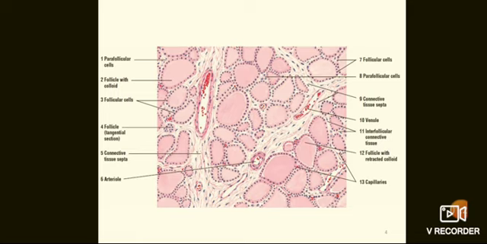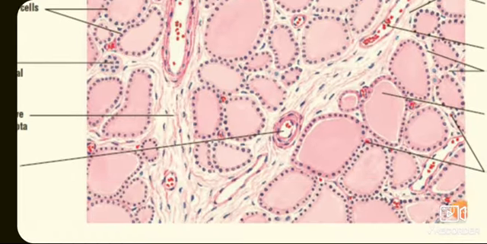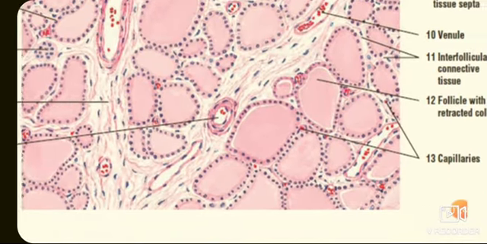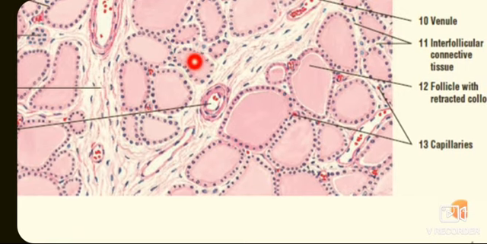Each follicle is lined by simple cuboidal follicular cells resting on a basal lamina. The lumen of the thyroid follicle is filled with a homogeneous eosinophilic mass that is known as colloid.